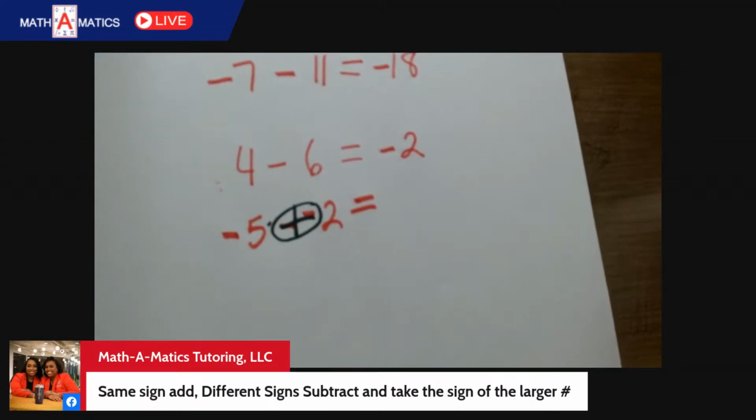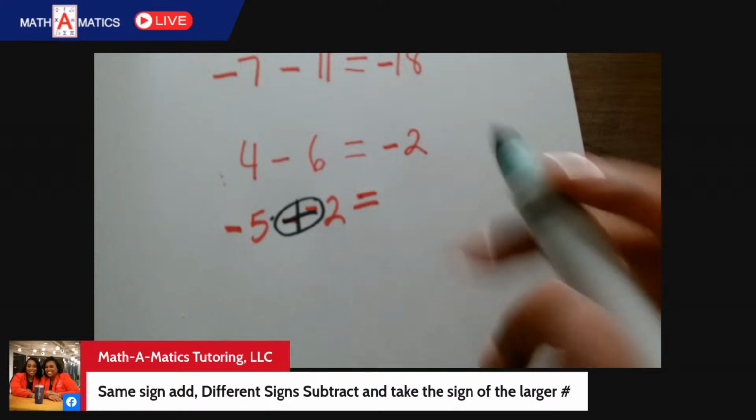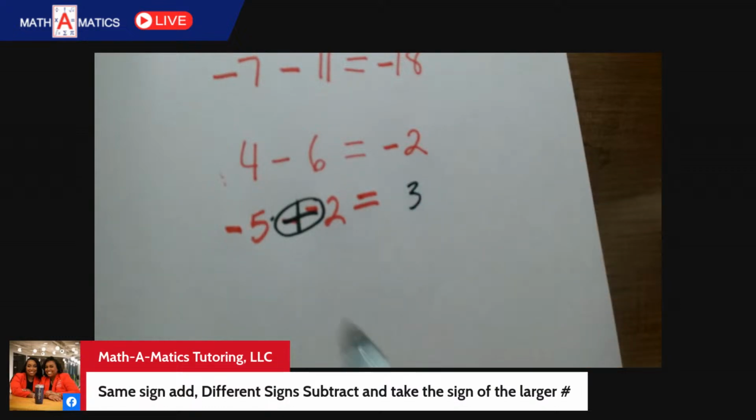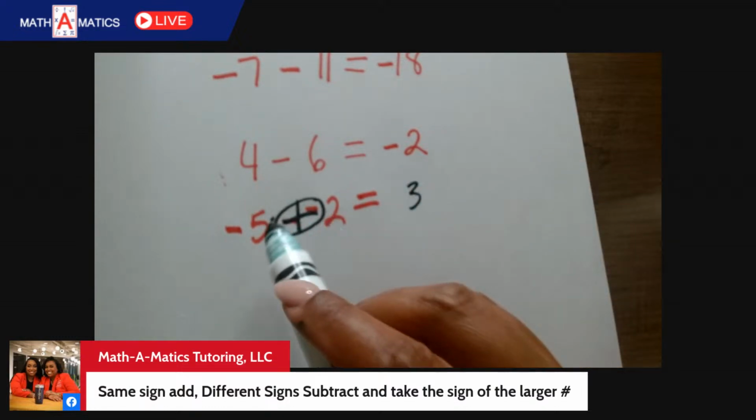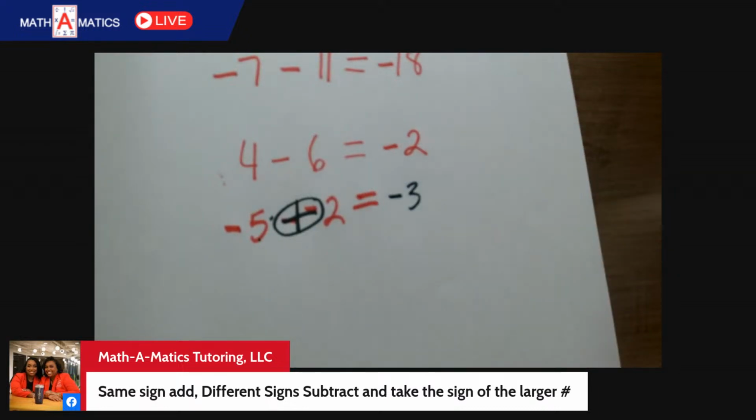So now we have two different signs because we have a -5 and a +2. And you see it in the chat here for you all, different sign, we subtract. So we're really doing 5 minus 2, which is 3. And then it gets the sign of the larger number. Well, 5 is bigger than 2, so we get -3.